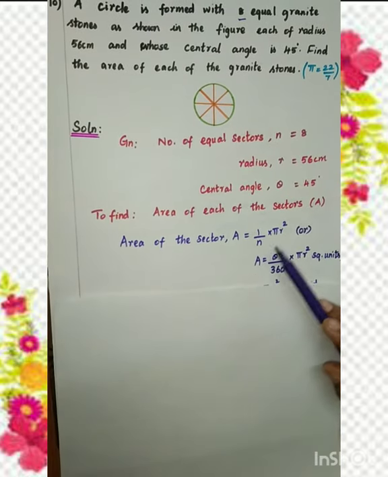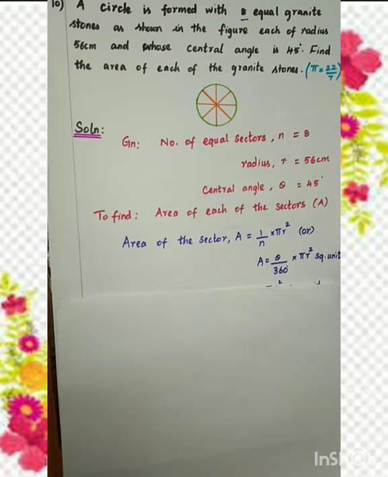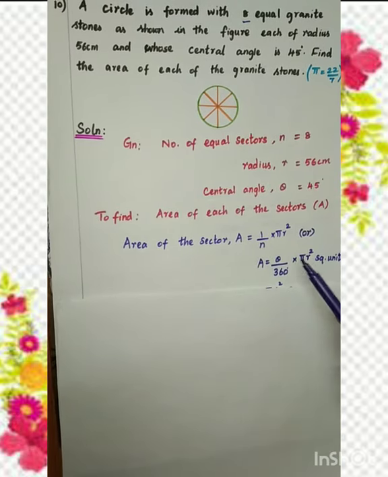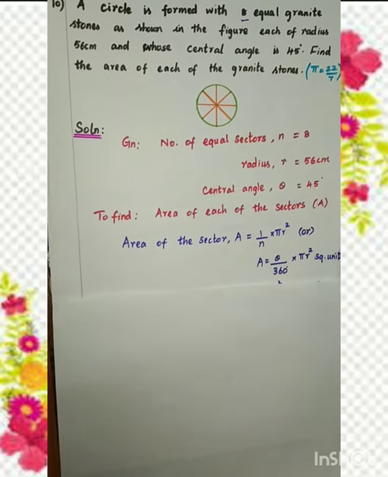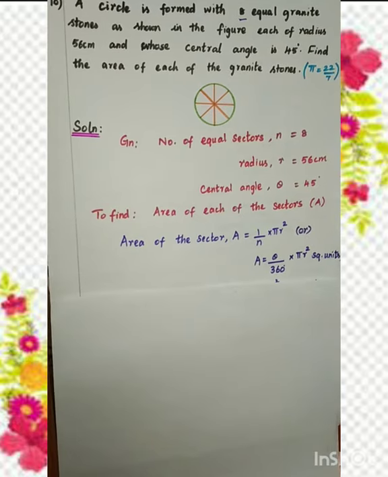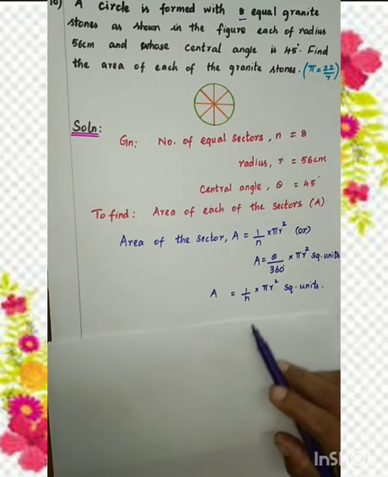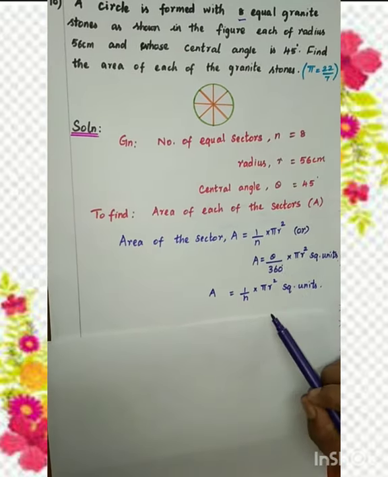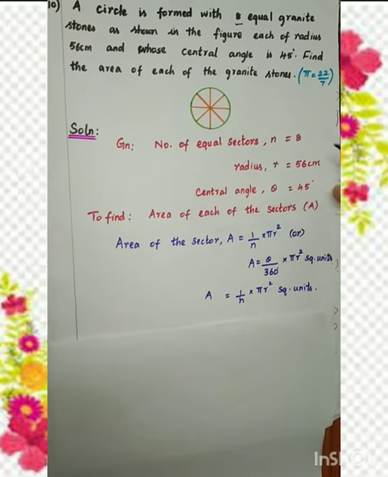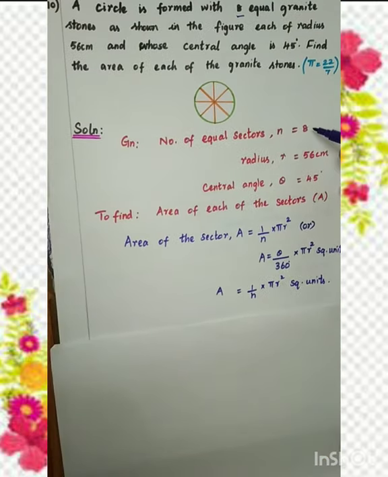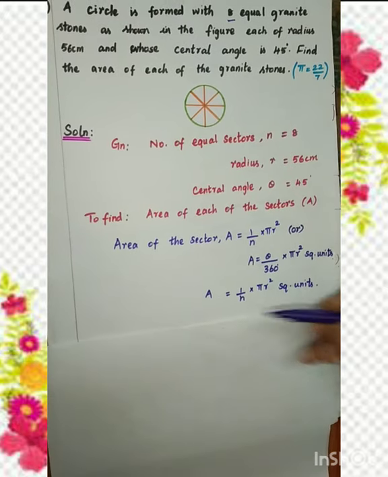A is 1 by n into pi r square, or A equal to theta by 360 degree into pi r square square units. We can apply any one of these. So here we are going to apply the first formula because n value is given and radius is given.